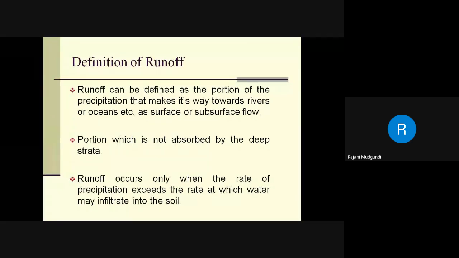Let the rate of infiltration be I and the rate of precipitation be F. So when the rainfall intensity F is greater than the infiltration capacity or infiltration rate I of the soil, only then does runoff occur.